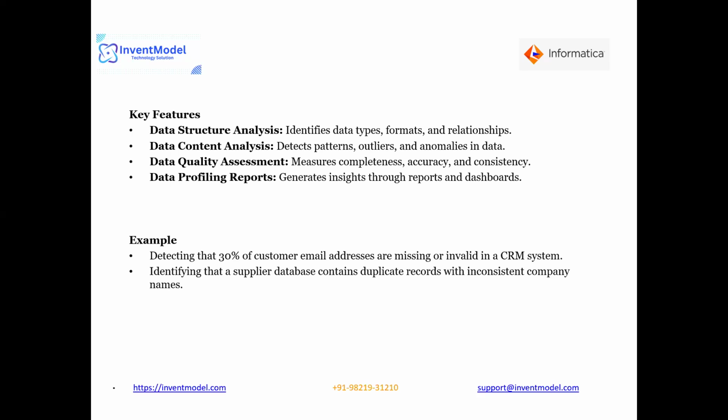Then we have data content analysis. In this case, we detect the patterns, outliers, and anomalies in the data. So we drill down into the data contents and detect their formats and outliers, and whether there are any anomalies in the data.